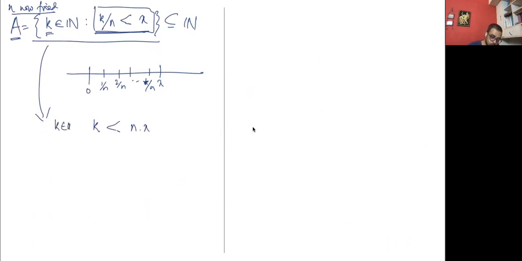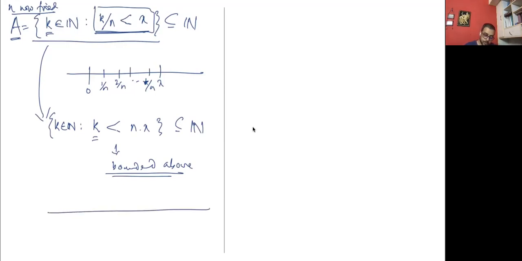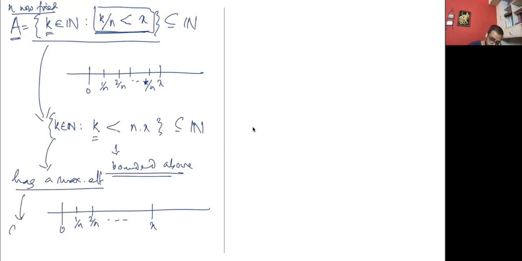So we are looking at all those natural numbers which are less than n times x. So this is bounded above, right? So this is a subset of N which is bounded above, which means that it has a maximum element. So this has a maximum element and call it m.